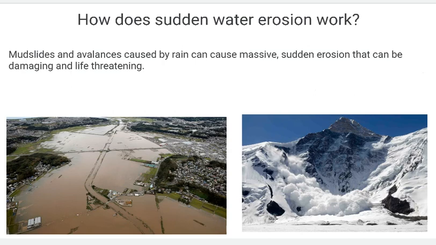Now, if we look at this picture here on the left, this is a picture of a city, if I remember correctly, in Japan, a smaller town that through heavy rain and mudslides suffered the death of a couple of its citizens and also a lot of property damage.